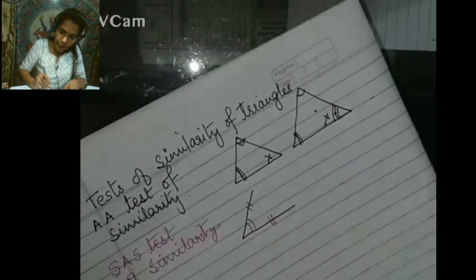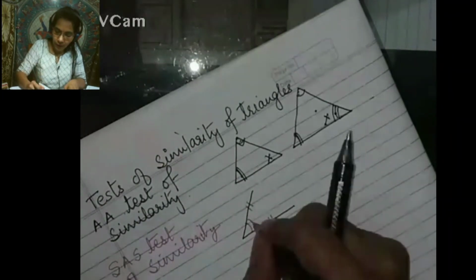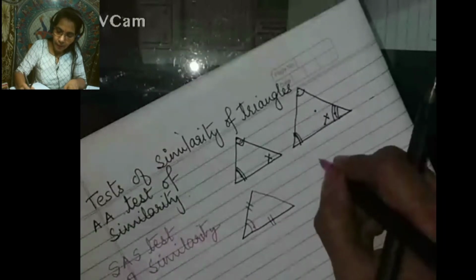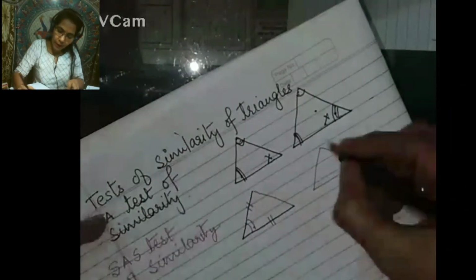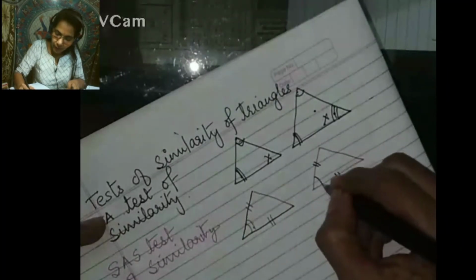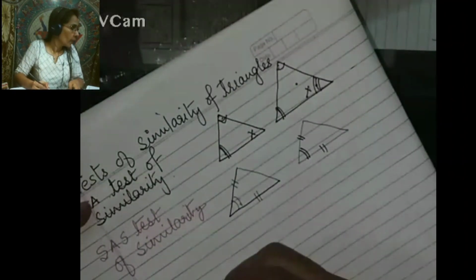The corresponding sides and an included angle of one triangle are congruent to the corresponding sides and the included angle of the second triangle.